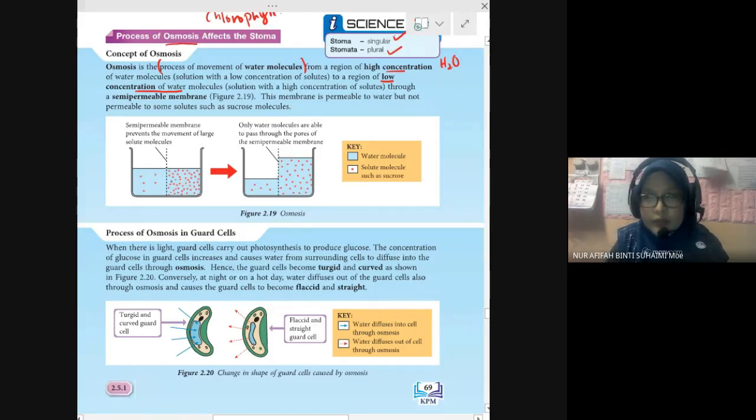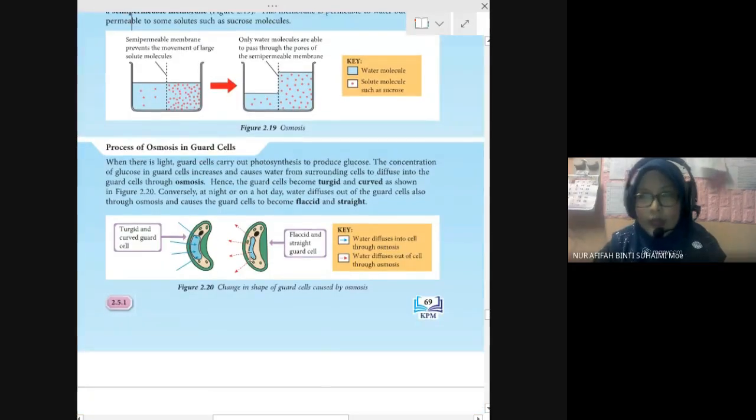Yes. So if you can see, we can see figure 2.19 here. Left region, right region. This left region has more water.